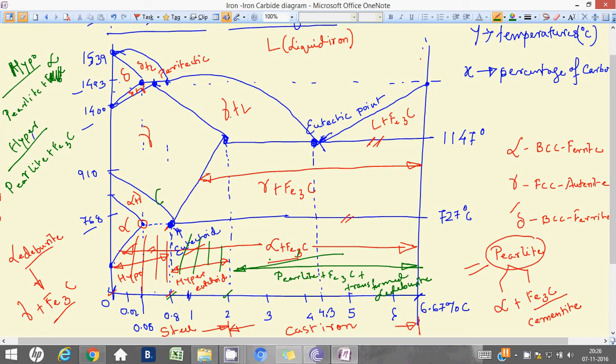Next, we will come to this point. Like we have found this point, this point, this point, and this point.